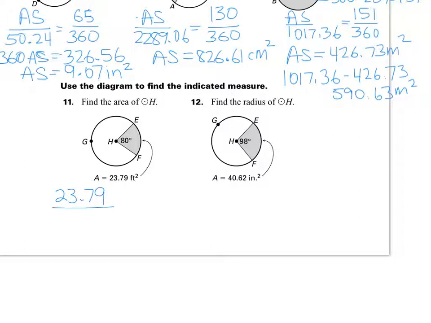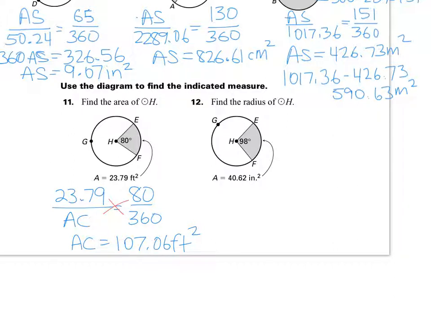So it's the area of the sector over the area of the circle, equals the central angle, which we know is 80 over 360. So again, cross products, solving for just the area of the circle. You take 360 times 23.79, then divide by 80, you would get 107, and I went 3 decimal places, I'm only going to go 2, and it's area, feet squared.